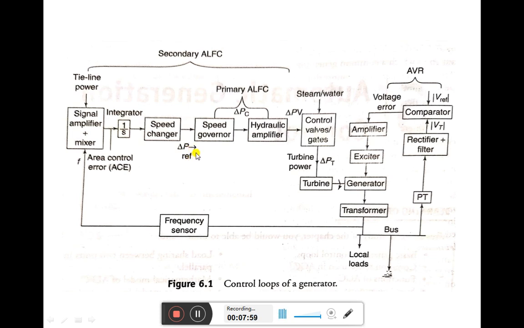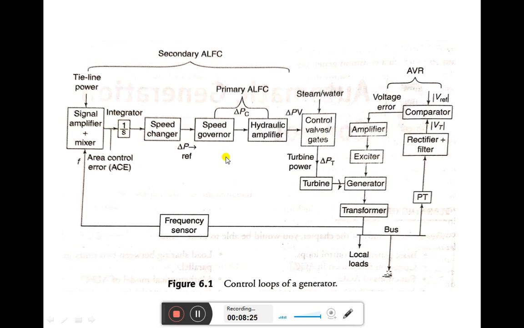This is the input given to the governor, from which the governor will come to know whether the input to the turbine needs to be increased or reduced. In automatic load frequency control we are going to maintain a stable frequency in our power system.